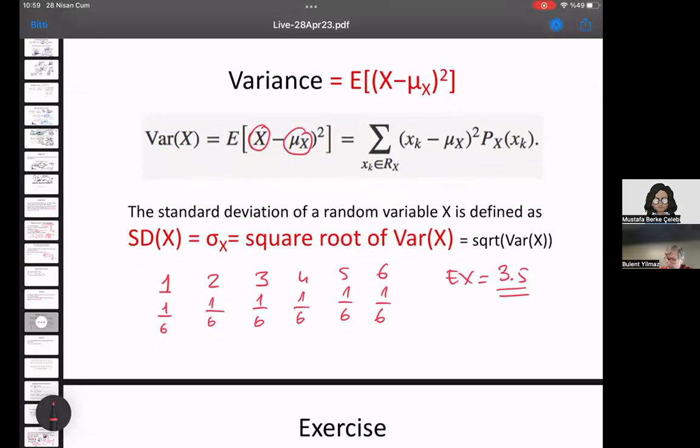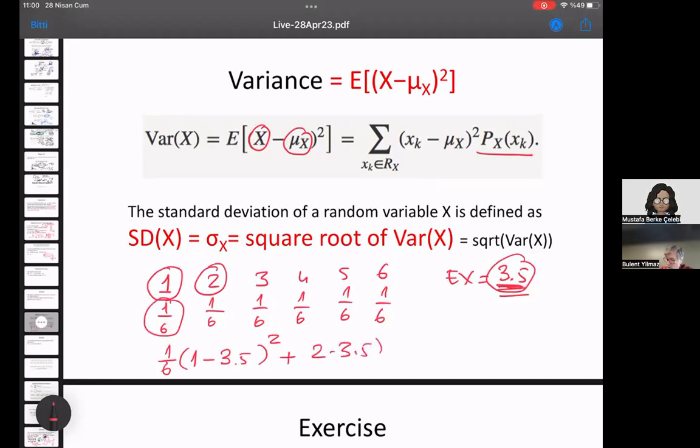I will say 1 minus 3.5 squared times the probability 1/6, plus 2 minus 3.5 squared times 1/6, again the probability.